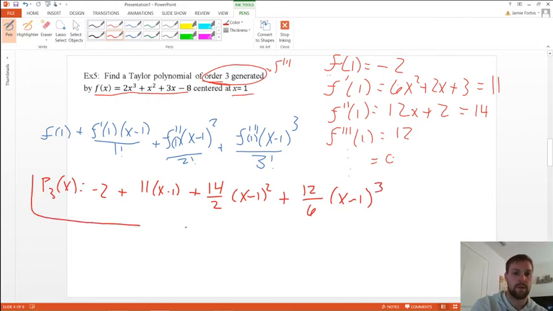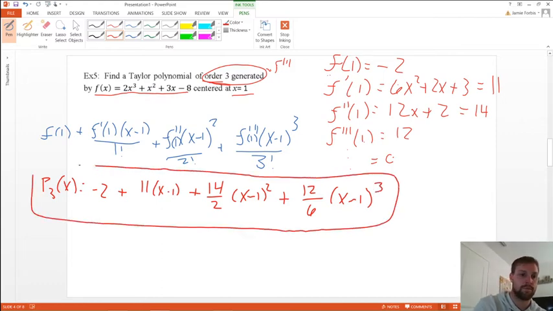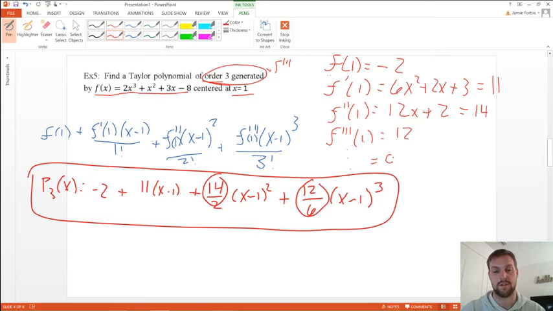There you go. There is your Taylor polynomial of order 3, so third derivative, centered at 1. And you can simplify that further if you want. Like I know 14 over 2 is 7, and 12 over 6 is 2. So yeah, good job. It was nice. So Taylor, same thing as Maclaurin, only a different center.